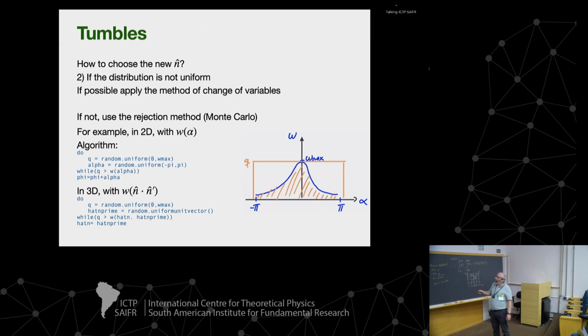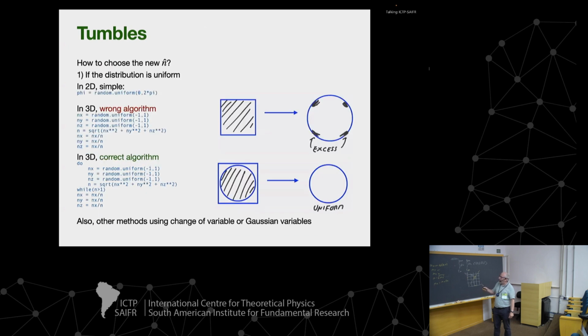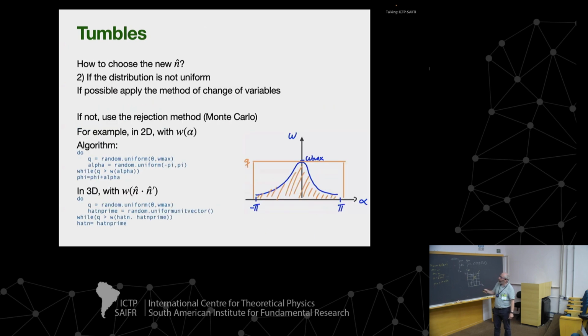So you choose any value in this box. But then, if Q is bigger than this W of alpha, you reject. And you do it again, and you do it again, until you get a point below the curve.